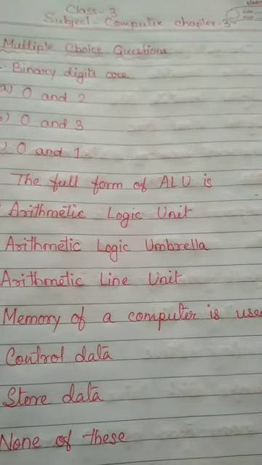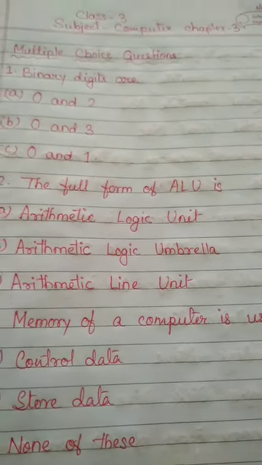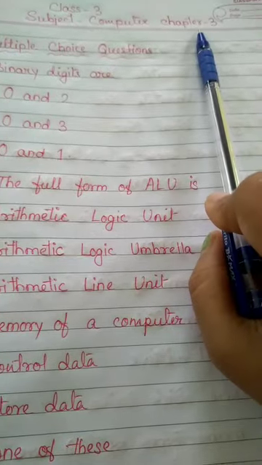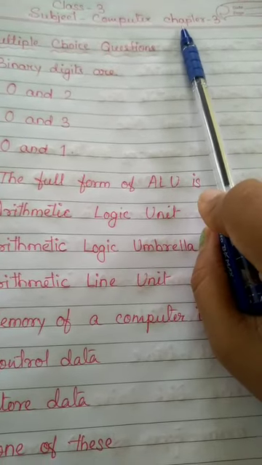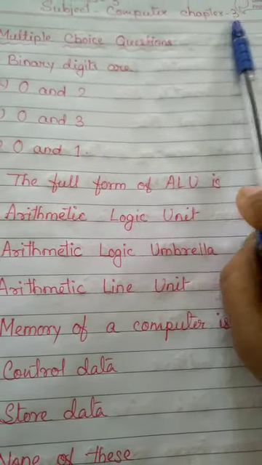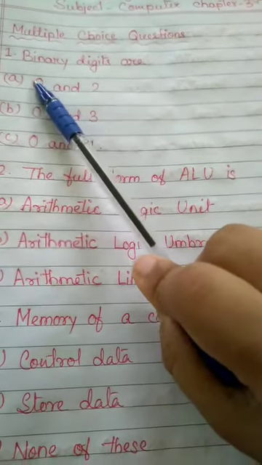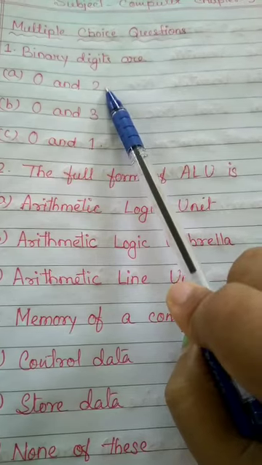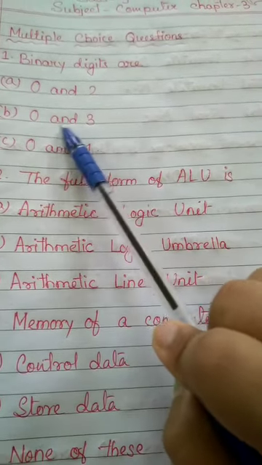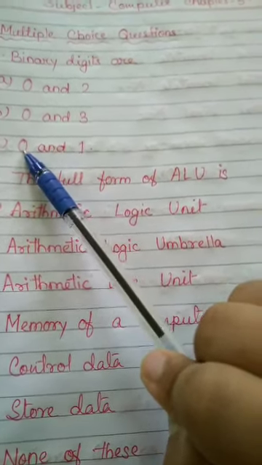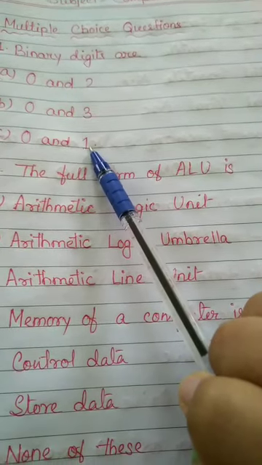Now students, look at these questions. These are the multiple choice questions from chapter 3. First one is: binary digits are. Options are A: 0 and 2, B: 0 and 3, C: 0 and 1.